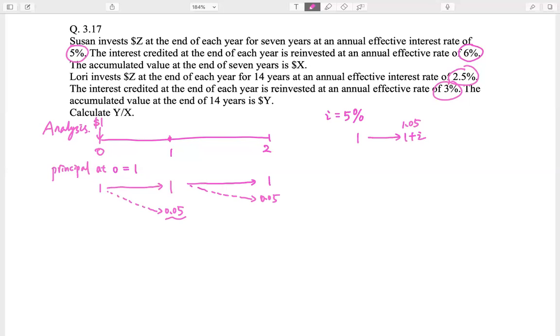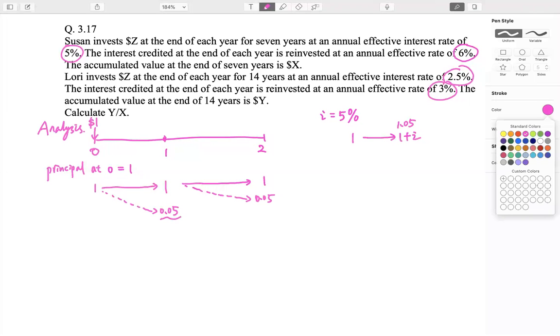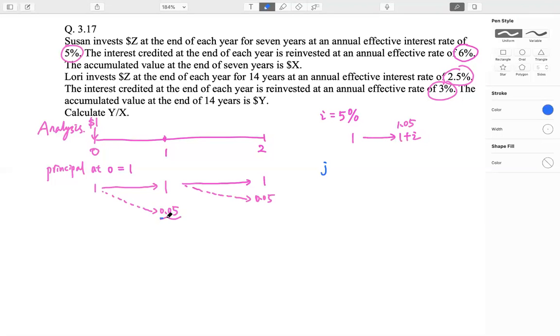Now if we assume this interest also grows at, here it's 5%, let's assume it's a different rate. Let me use a different color for this. So assume interest is accumulated at interest rate j. Right now, you can think of separating your account into two sub-accounts. The first one only has the principal, so at time 1, it has $1.